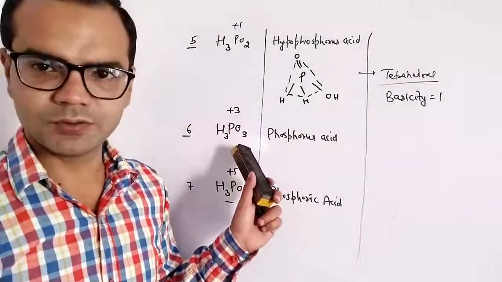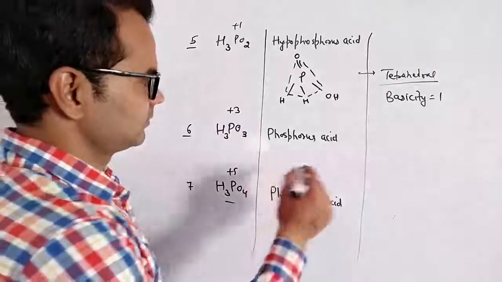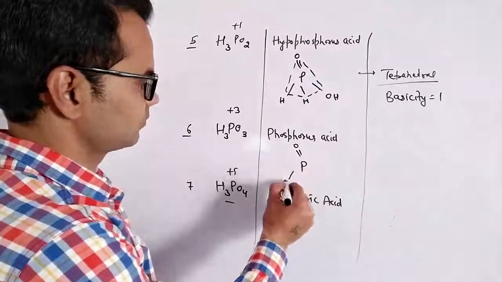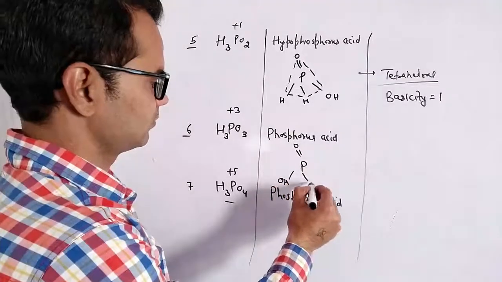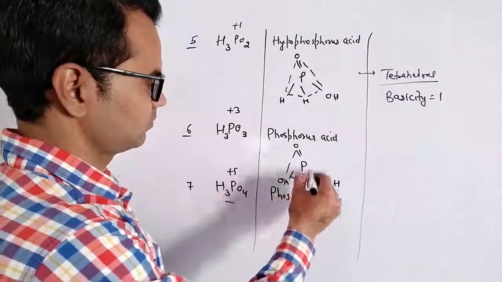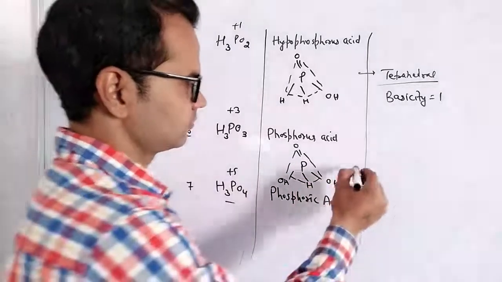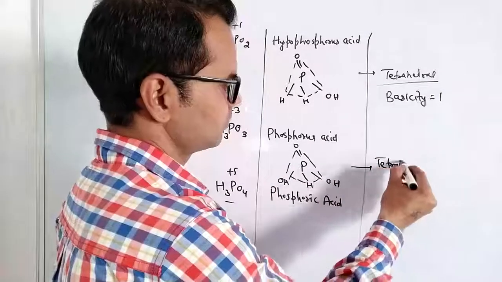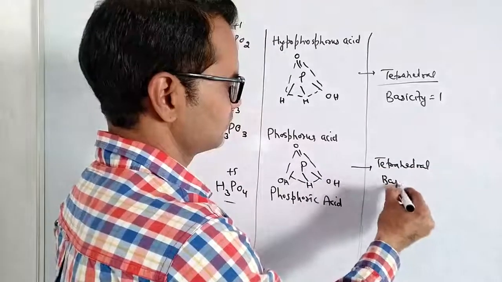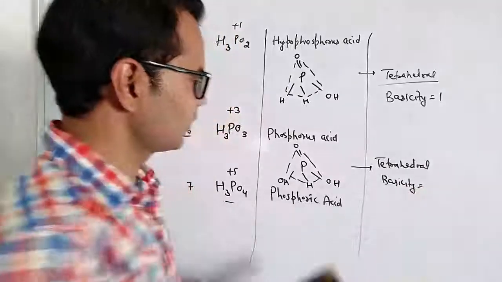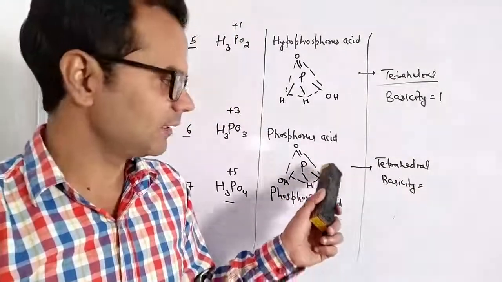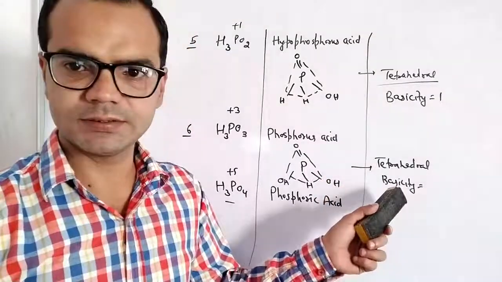Next is H3PO3, phosphorous acid. Now we can see in phosphorous acid there are two OH bonds, two replaceable hydrogens, so its basicity is 2.